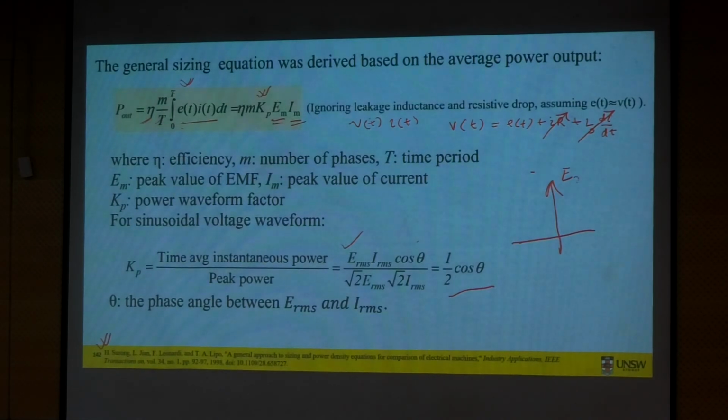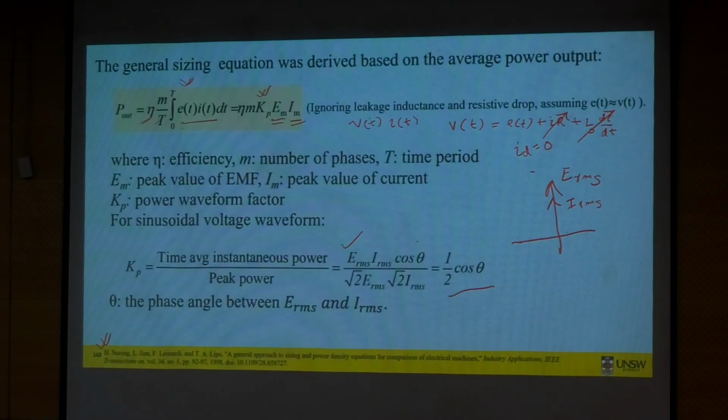So ERMS, if you are doing an SPM machine, or if you consider Id equal to 0, then in fact your current IRMS is also in phase with it, especially in an SPM machine under maximum torque per ampere control. We align current and back EMF. So your theta here is actually 0.